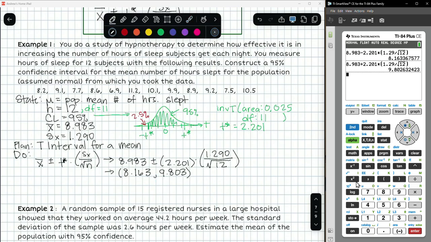That's good news. We know our last step is our conclude.